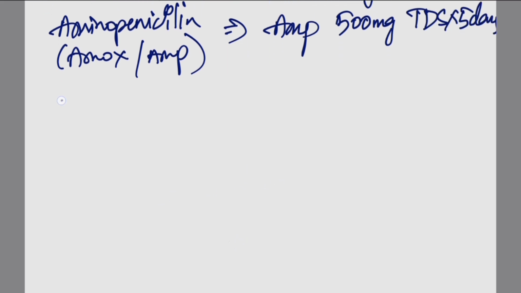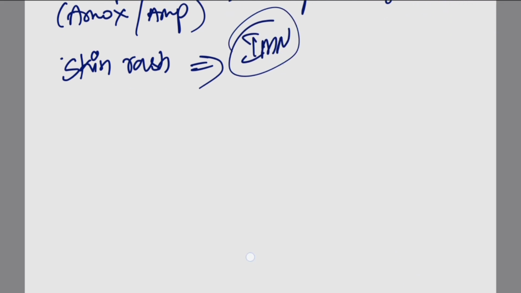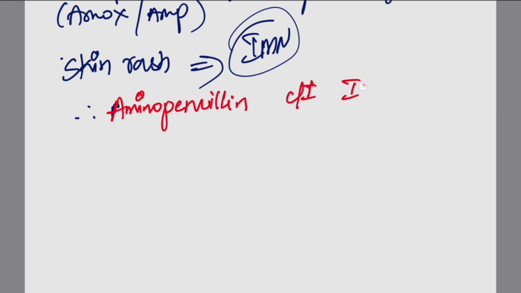After 3 days of treatment, the patient came complaining of skin rash. The diagnosis is infectious mononucleosis. Therefore, aminopenicillins should be contraindicated in patients with infectious mononucleosis.